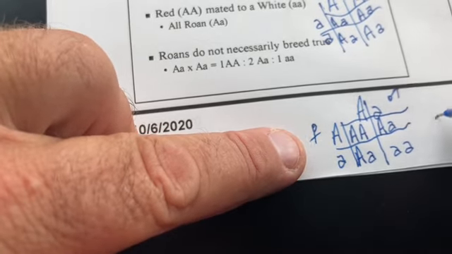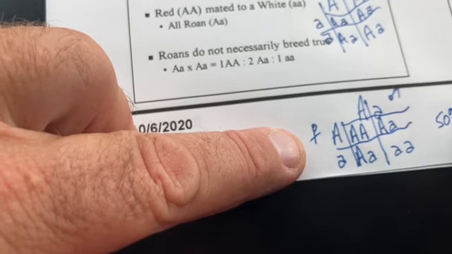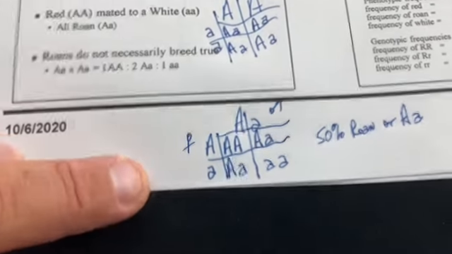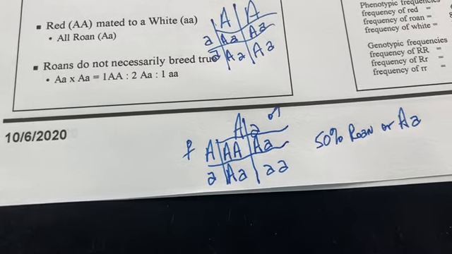So they were only ending up with about 50% roan. But they were sure hell bent on trying to make it happen.